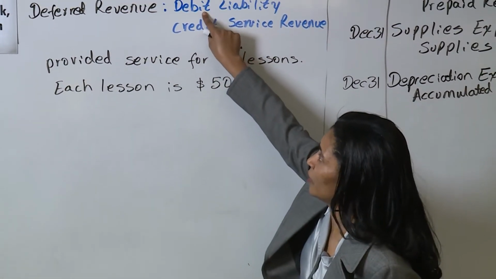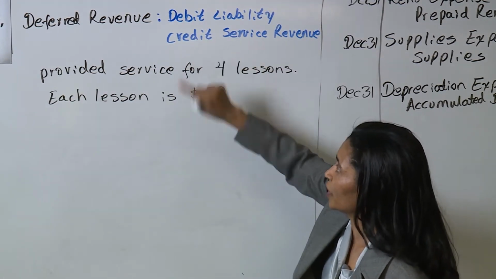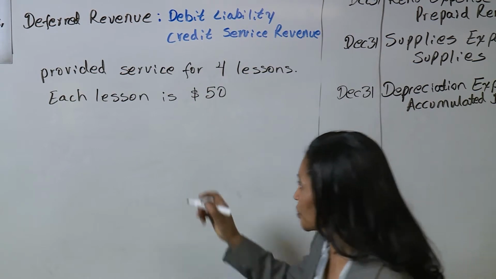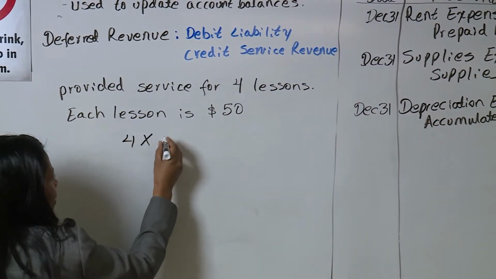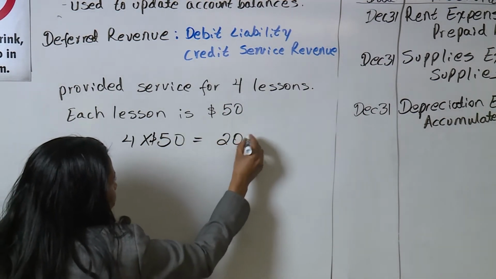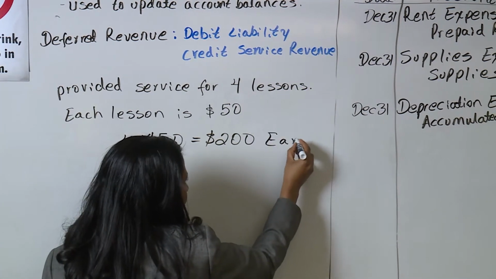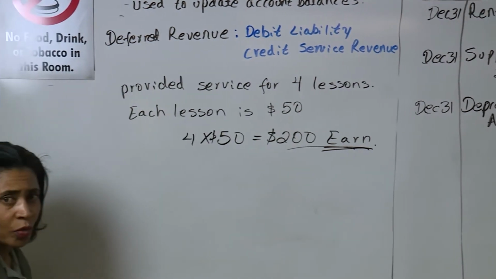Here, we're going to debit a liability account, in this case the deferred revenue, and credit the service revenue account because we earned the revenue. So 4 times $50 per lesson is going to give me $200. That means we earned this. If I earned it, it's no longer my liability.